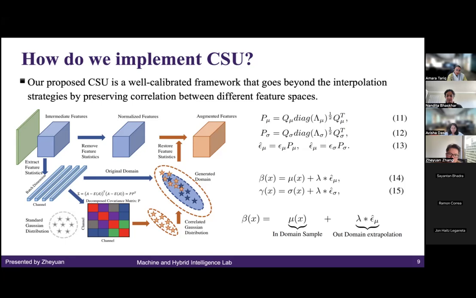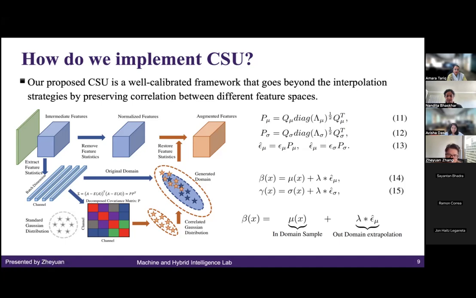Using this covariance matrix, we can turn an independent Gaussian distribution into a correlated Gaussian distribution, which forms exactly the same correlation between different channels. After forming this correlated Gaussian distribution, we add it to the original sample space. This is conducted at the instance level.